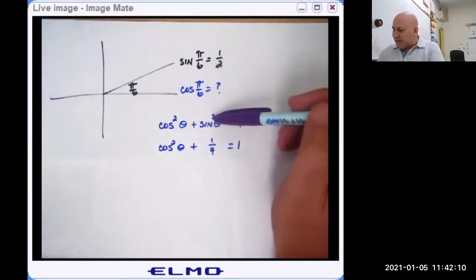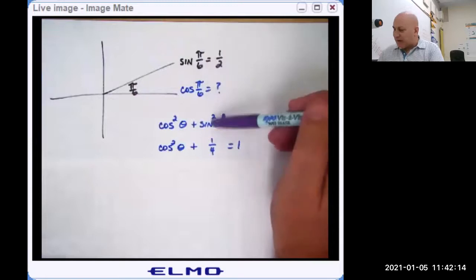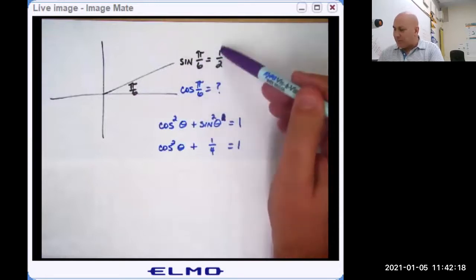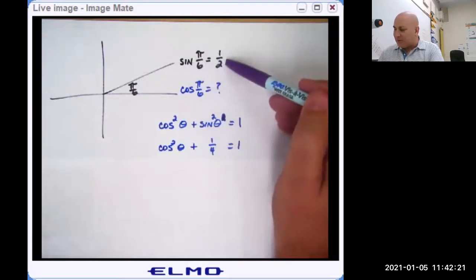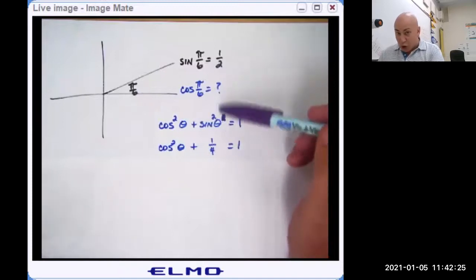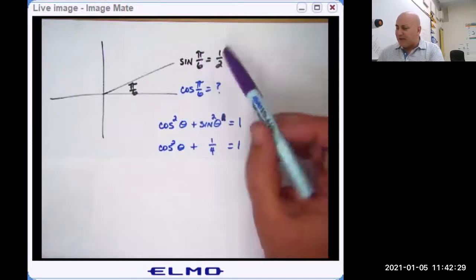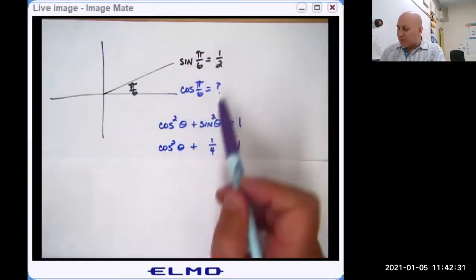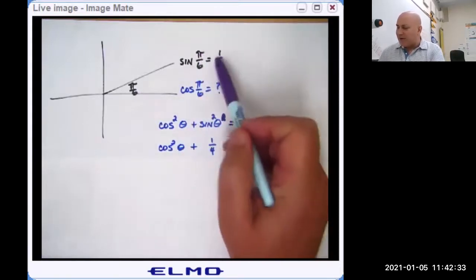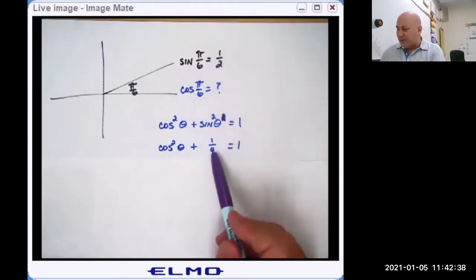If the sine of theta is 1/2, and I square that, the sine squared of theta is 1/4. It's like squaring both sides of this equation. Some people will make a mistake and write sine of 1/4. No, the sine of pi over 6 is 1/2. If you square this, sine squared of pi over 6, it would be 1/4, not the sine of 1/4.